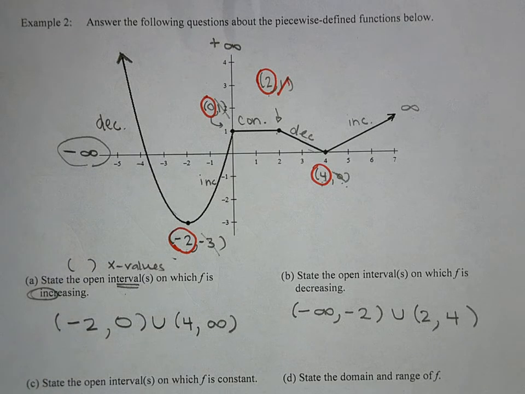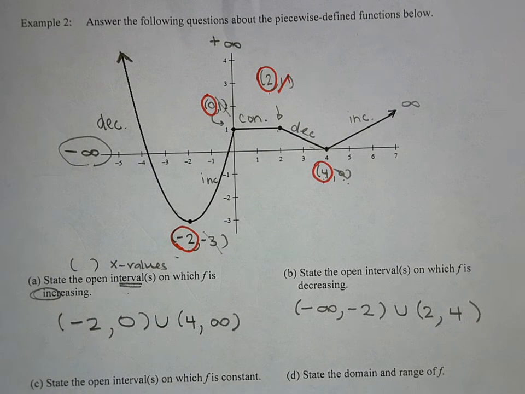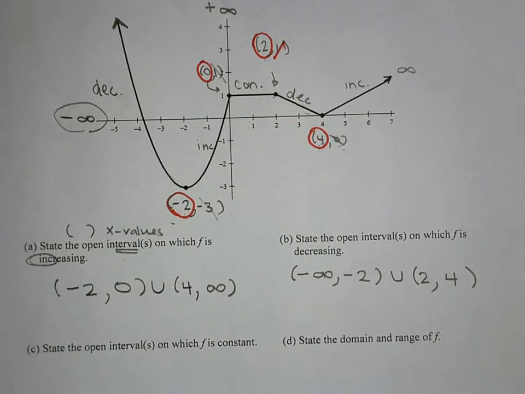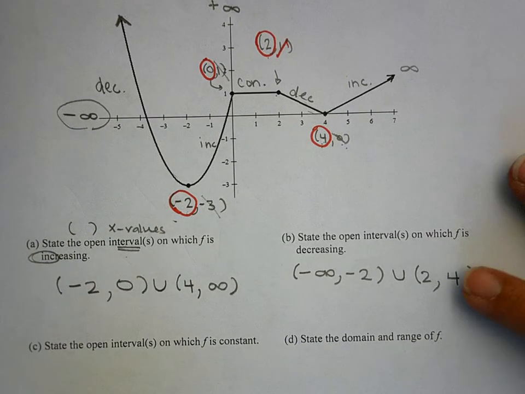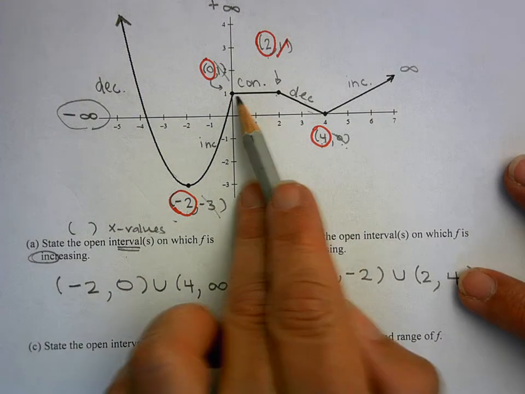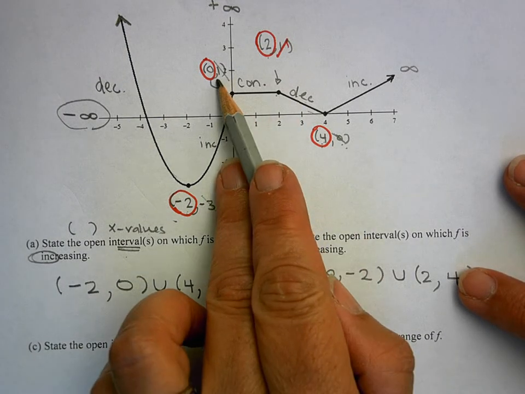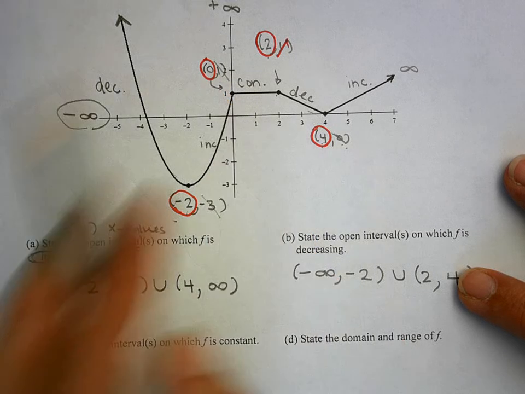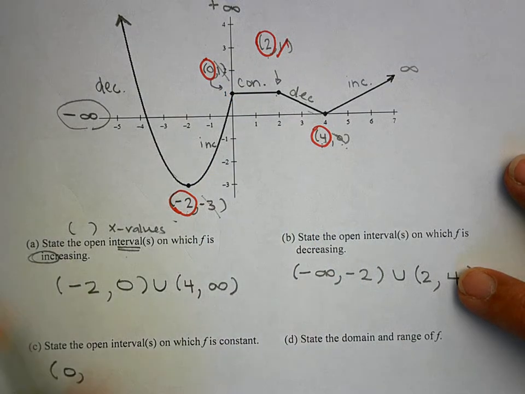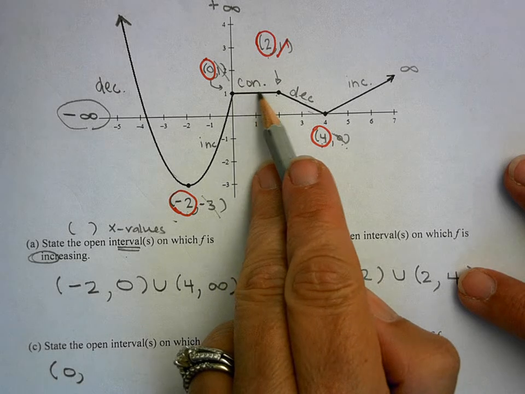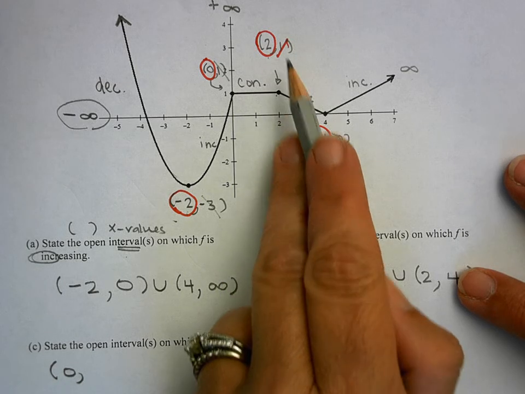So for part C, state the open intervals on which f is constant. So it is constant, only one section, and that's the section right here. So it became constant at this ordered pair, but only use the x value, so that would be 0. And then it stopped being constant right here at this ordered pair, but again, only use the x value.